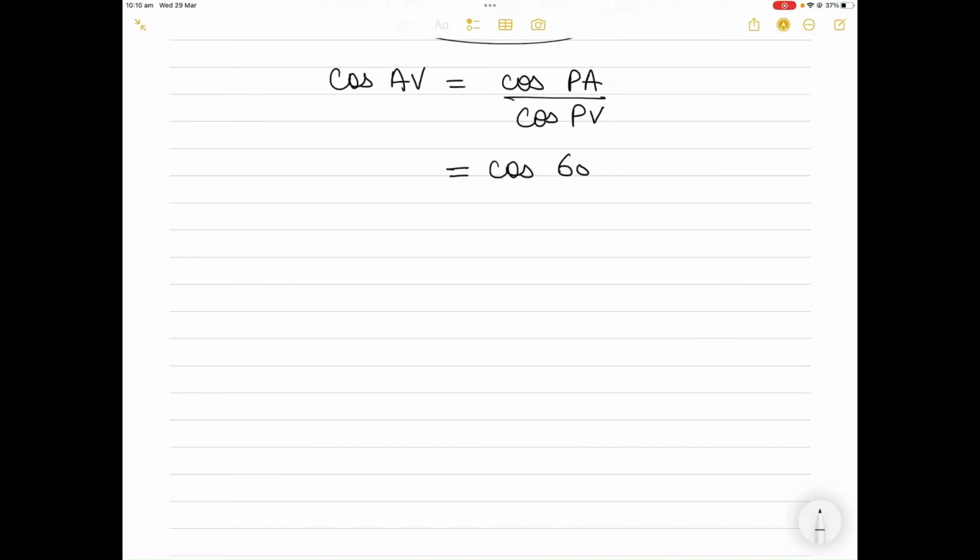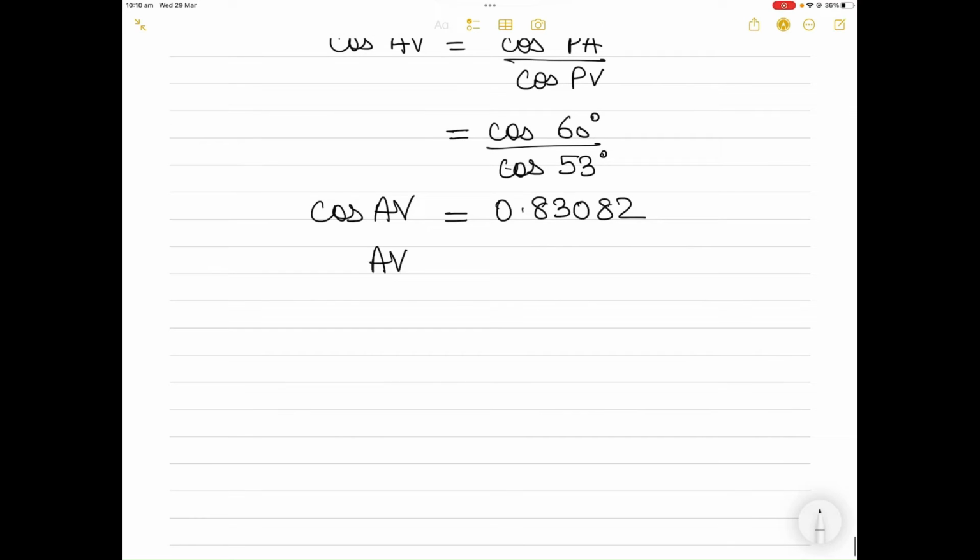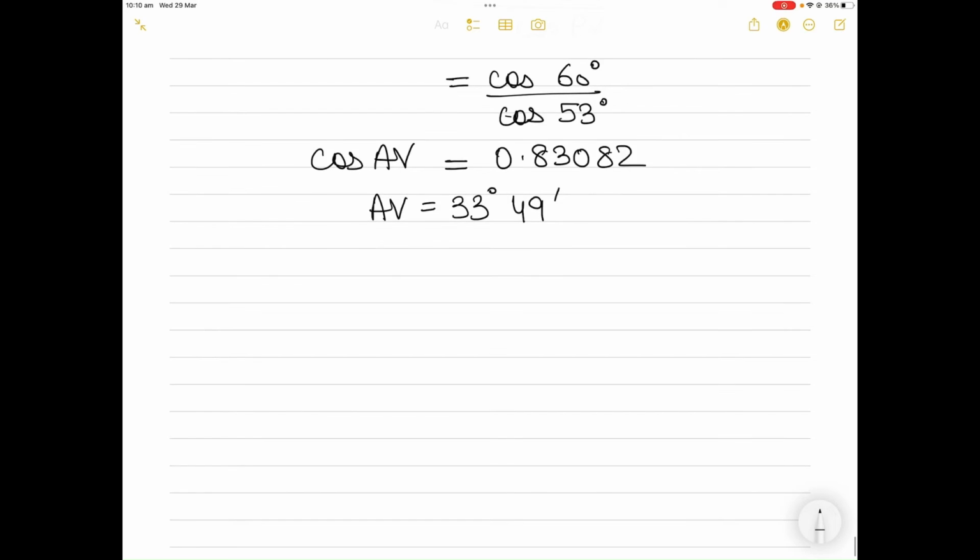Or you can just say cos of PA, which is cos 60 degrees, divided by cos of PV, which is 53 degrees, which in this case is 0.83082. This is cos AV. So AV equals 33 degrees 49 minutes.